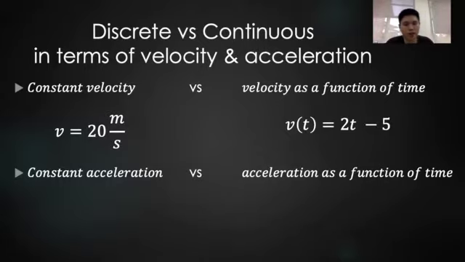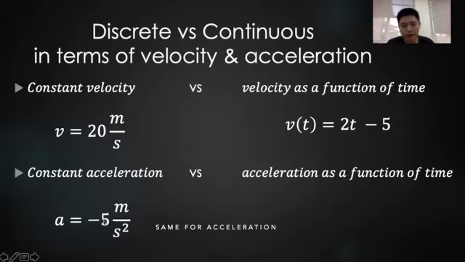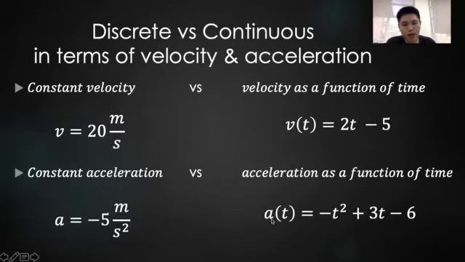It changes every moment. Same for acceleration, -5 meters per second squared. Acceleration in terms of the time is -t squared plus 3t minus 6. So we substitute any value of time, and the acceleration changes along the time. So it is not constant. That's why we have a function of it in order to find the velocity or the acceleration at that specific moment.